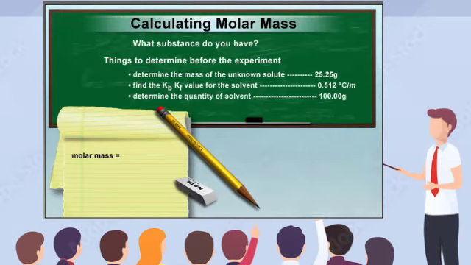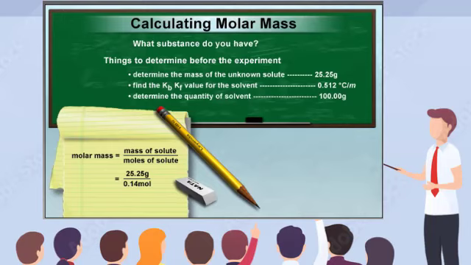Remembering the components of molar mass helps derive the molar mass from the experimental data. The components of molar mass for the solute are mass of solute per mole of solute. In the previous scene, the number of moles of solute was determined to be 0.14, and the mass of solute was measured as 25.25 grams at the beginning of the experiment.